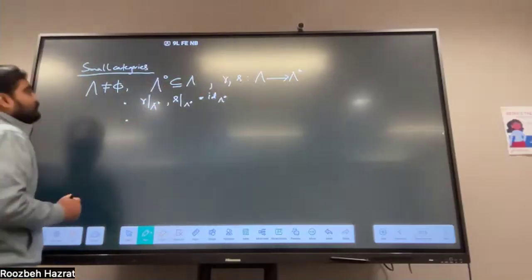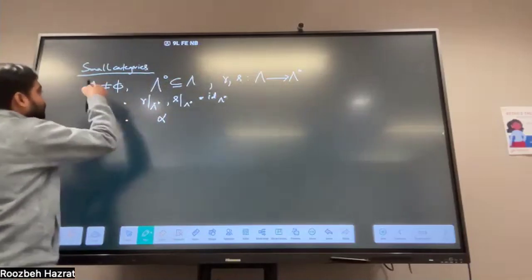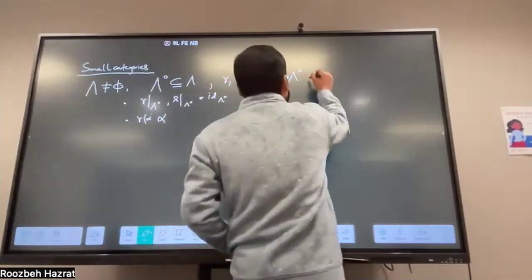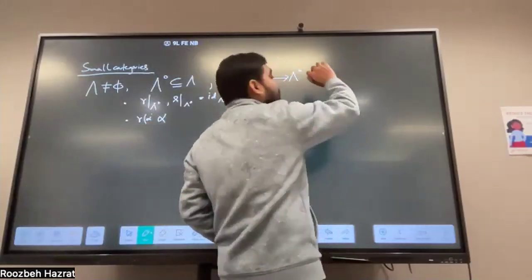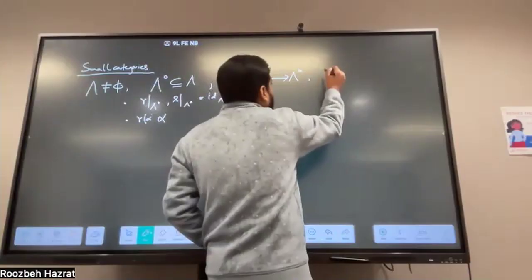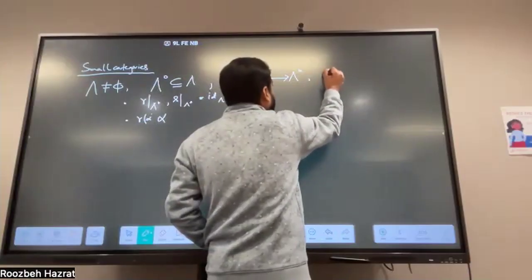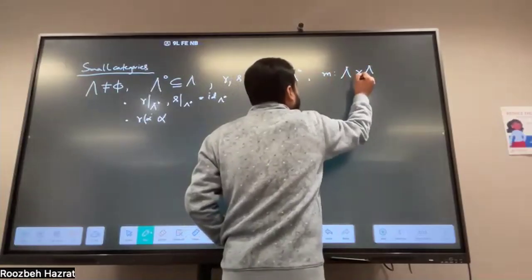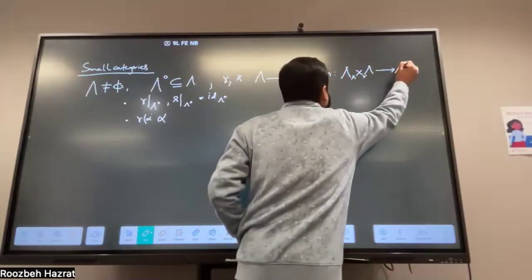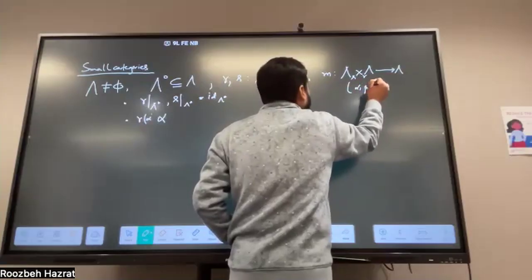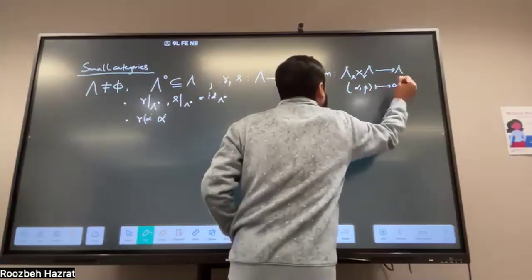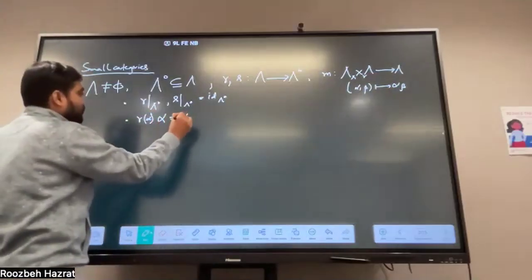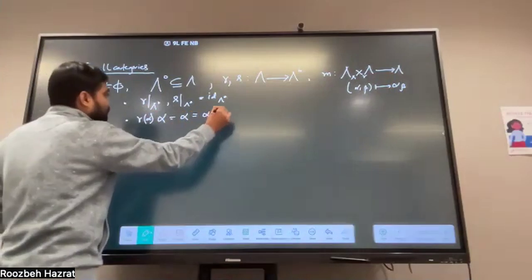Second one is that if you take any alpha from your Lambda, oh, sorry, I forgot to mention that there exists another thing, a partially defined operation, which I denote by M, from this pivot product to Lambda. And then the second one makes sense: R of alpha is the same as alpha, and S of alpha is the same as alpha.